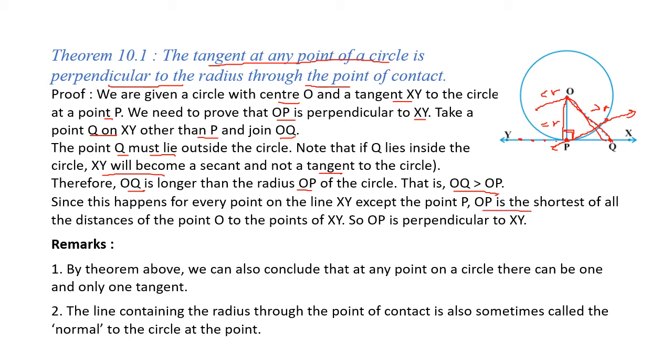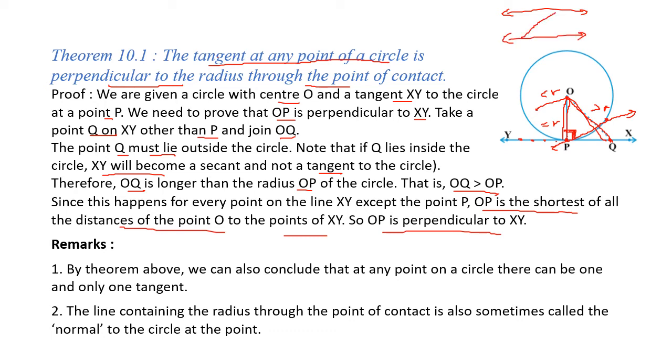So OP is the shortest of all distances of the points on XY. And the shortest distance is always perpendicular. So we can say OP is perpendicular to XY. Remember, the shortest distance is always perpendicular. You must have learnt this in previous chapters. Suppose I draw two parallel lines.